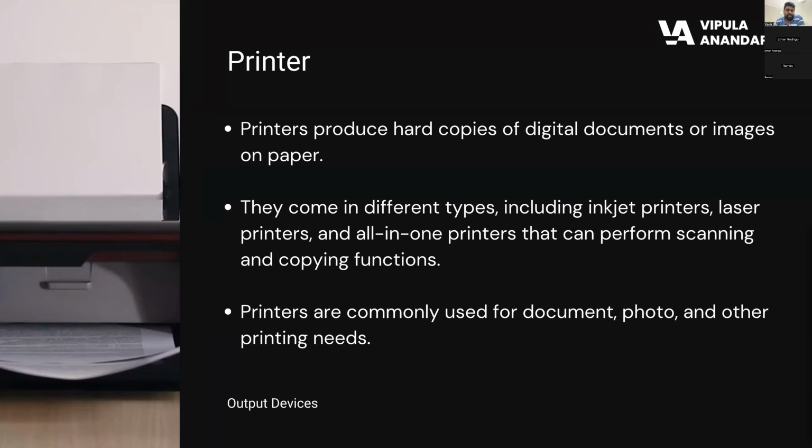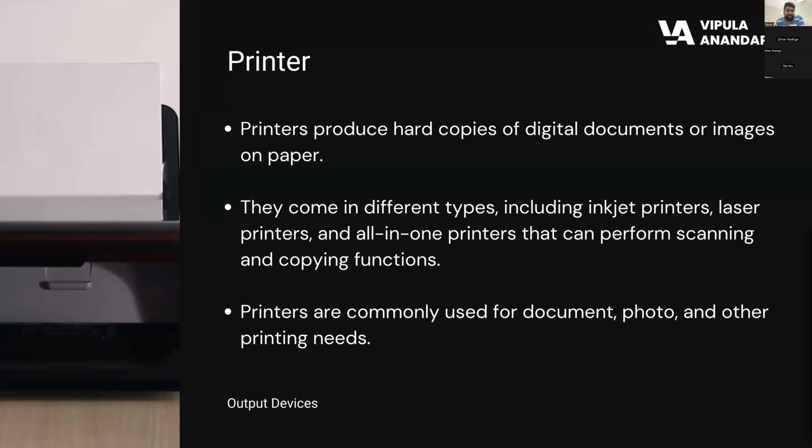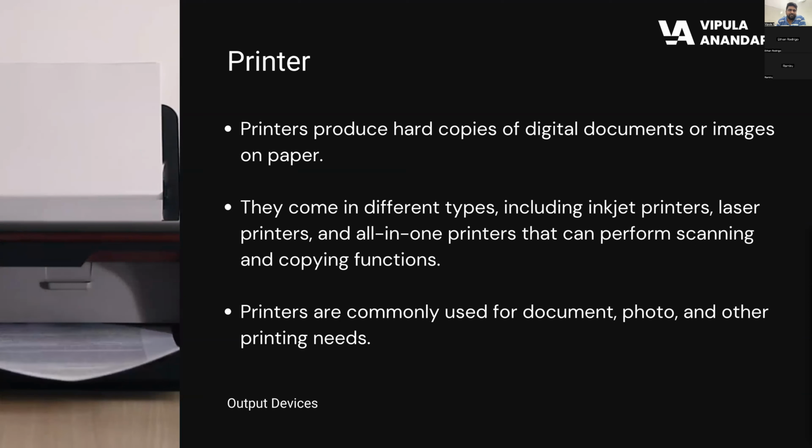So these inkjet and laser printers, they both work in two different ways. The inkjet is basically a printer that uses ink, and what it does is it sprays the ink on the paper itself. So that is how the ink is printed to the paper.